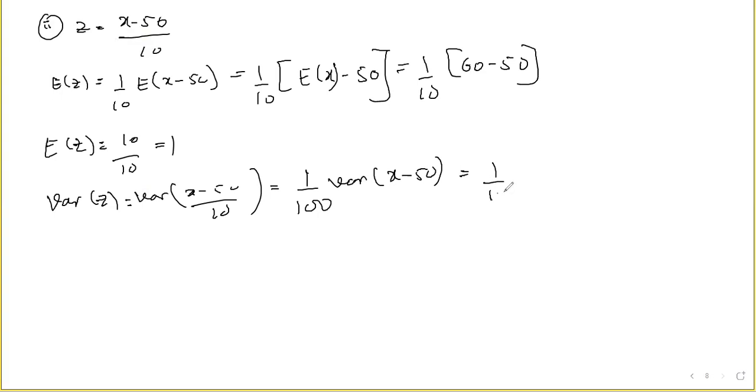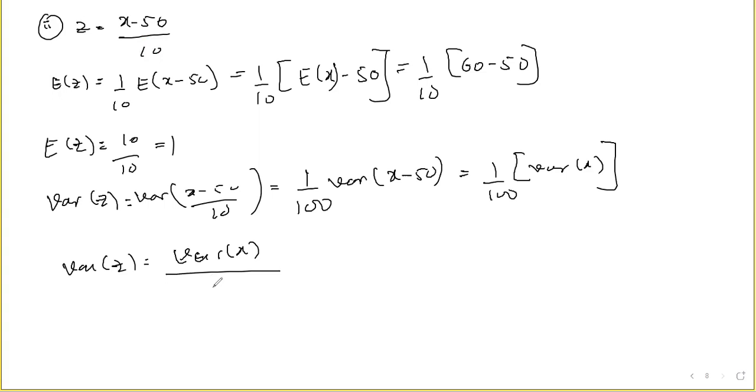So this is 1 by 100 variance of x minus variance of 50, but variance of a constant is 0, hence it is only variance of x. So variance of z equals variance of x divided by 100. Variance of x is given, that is 25 by 100, which is 0.25.